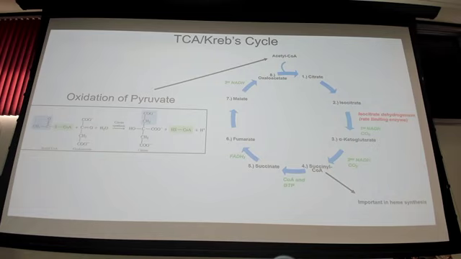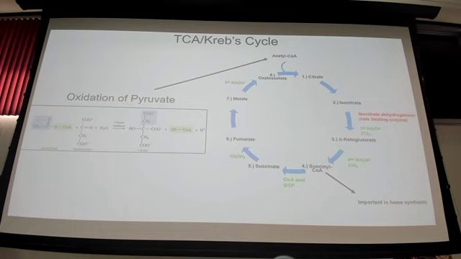Remember, the TCA cycle produces NADH, FADH2, and GTP, which is converted to ATP. NADH and FADH2 will later be oxidized in order to produce energy. We get 3 different NADHs throughout the TCA cycle. Alpha-ketoglutarate is very important, and we'll talk about how it's involved in transamination reactions when we talk about the metabolism of proteins.